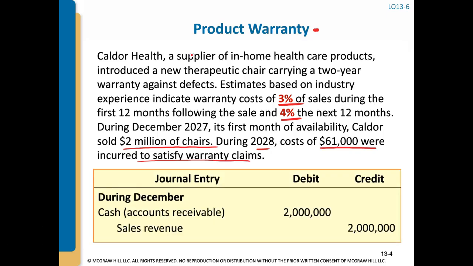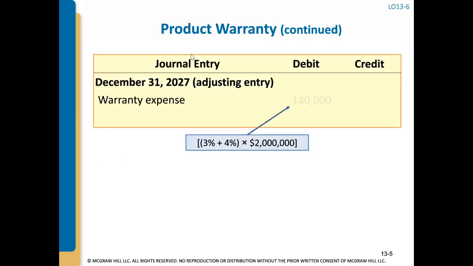So we sold $2 million of chairs during December 2027. We debit cash or accounts receivable for 2 million, and we have revenue for $2 million. In the same accounting period, for the year ending December 31, 2027, we must record the warranty liability associated with those products.